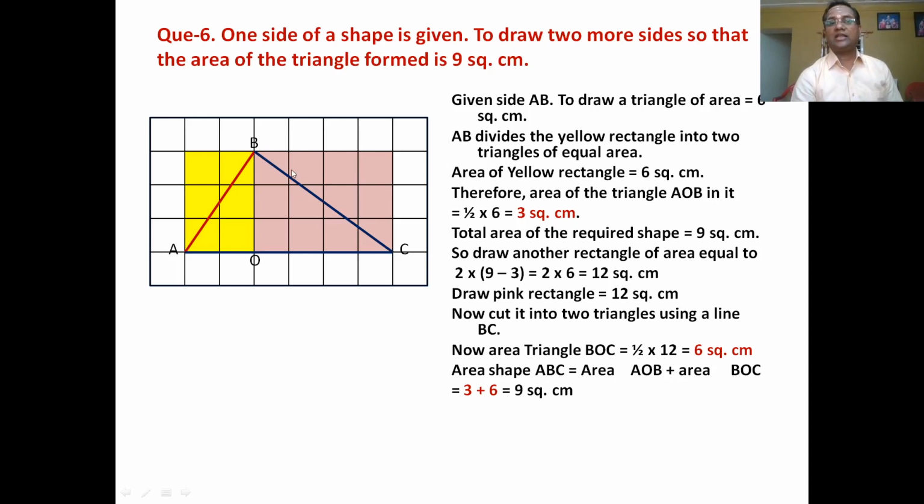Since the rectangle is of 12 square centimeters, the triangle will become half of the rectangle. So the area of triangle BOC is half of 12, that is 6, and the area of AOB is half of 6, that is 3. 3 plus 6 making a total of 9 square centimeters.